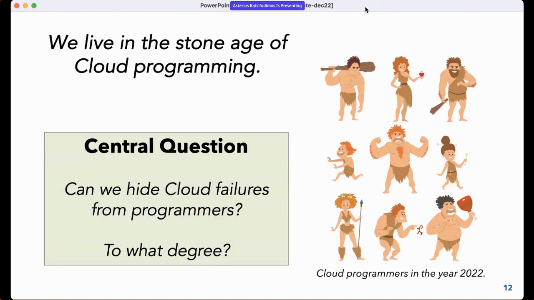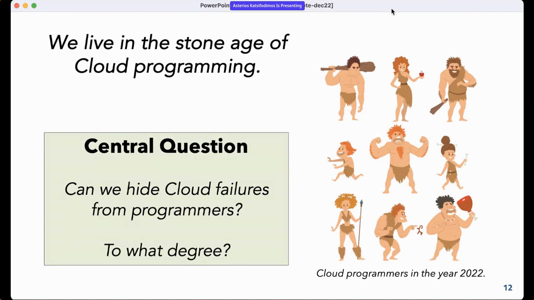If you think about it, any attempt to develop a general cloud application which is scalable and consistent nowadays is reminiscent of what we were doing, I don't know, with assembly programming before the compilers and high-level languages were around, right? This is exactly the same situation that we have here. We have 1 trillion abstractions. People have to learn by heart all of the abstractions of every different cloud provider and then hard code everything themselves.